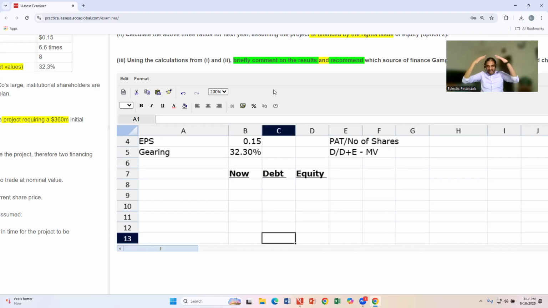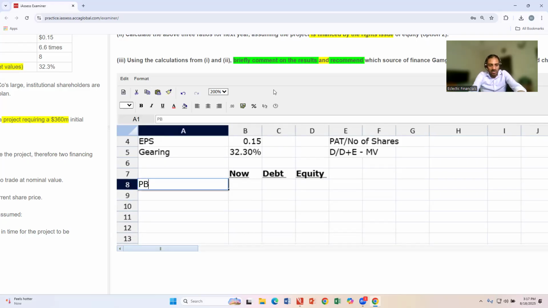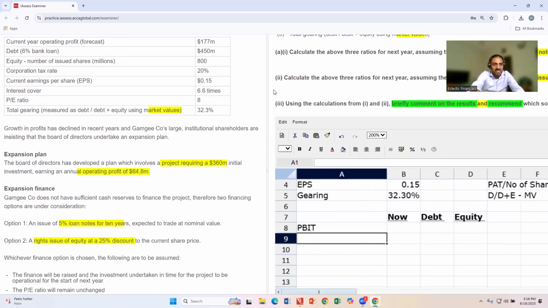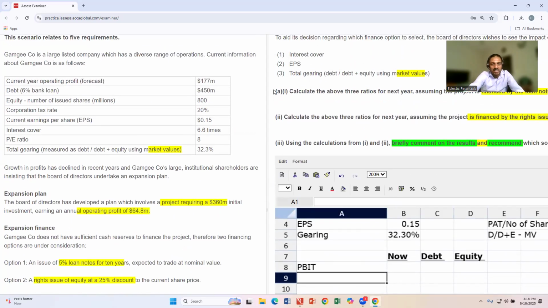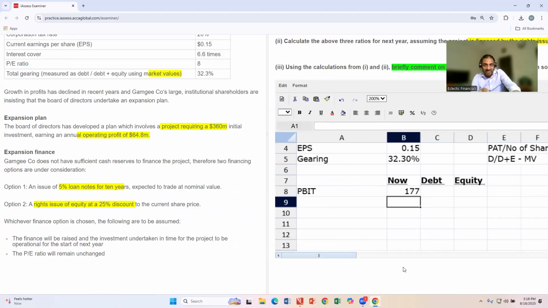Now with that sketch and plan, you have to implement it. Now it's time to implement. So the first thing is PBIT. Now come on. For PBIT, PBIT is given. That's 177. Now either debt finance or equity finance, the operating profit will not change.